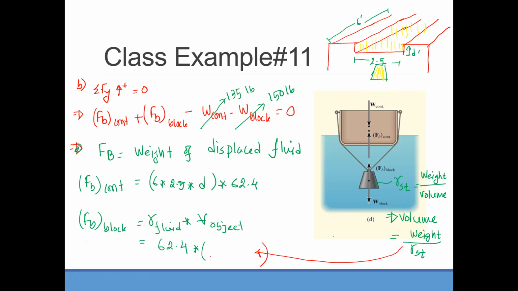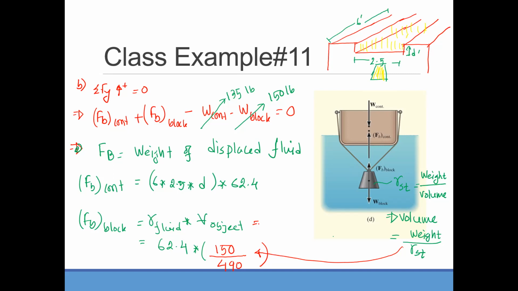So let's use this one here. The weight of that block was 150, and gamma steel was 490. So that should be the volume, and the buoyancy force of that block is that volume times 62.4.